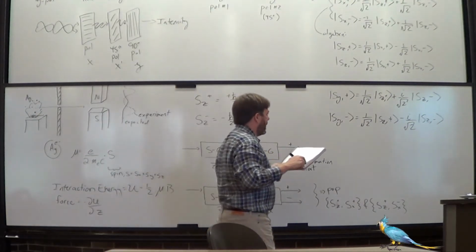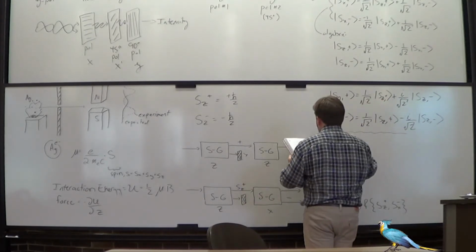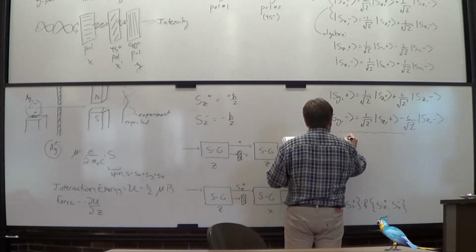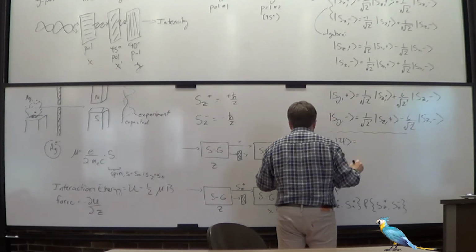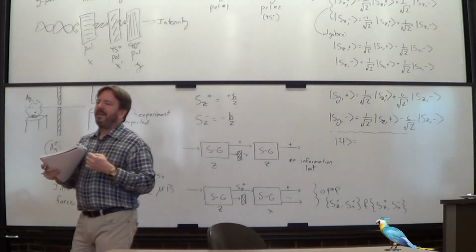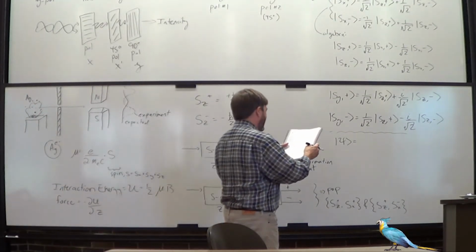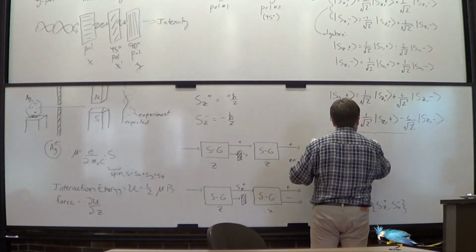Now a lot of your homeworks are going to be designed to deal with an arbitrary state. These guys are what I would call pure states. They're a little too perfect. Life isn't going to give you such an easy setup.